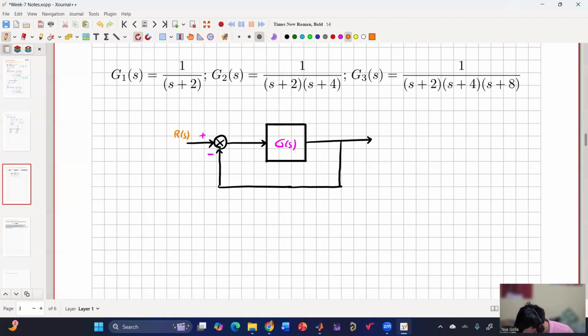So we can plot the root locus of these transfer functions individually, and then see how the closed loop poles are getting affected. For the initial case, 1 by s plus 2, since you have already studied, I'll just quickly draw the root locus.